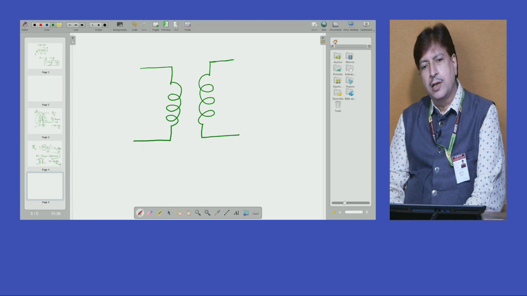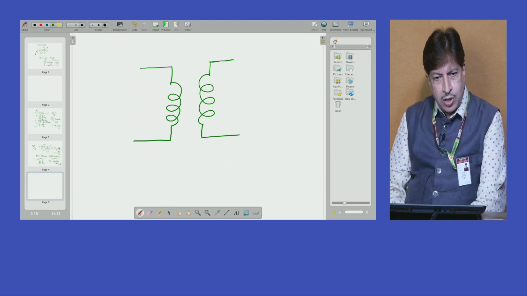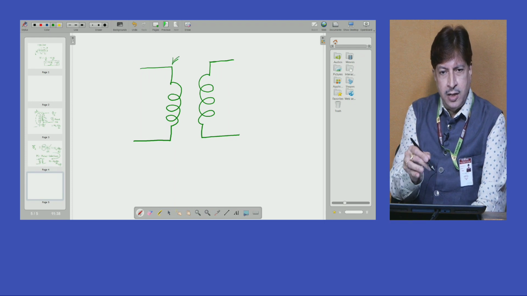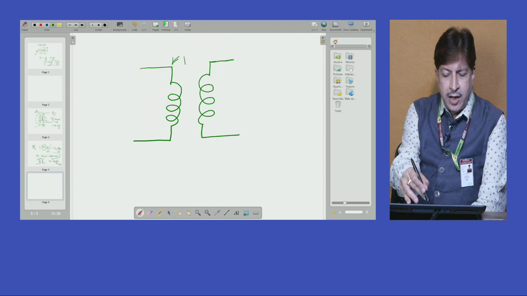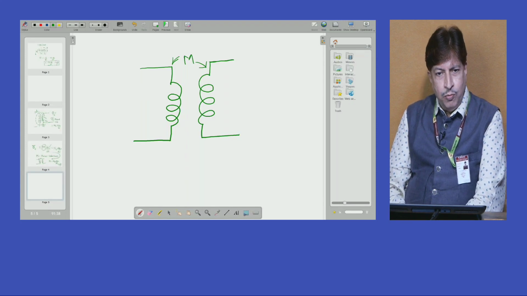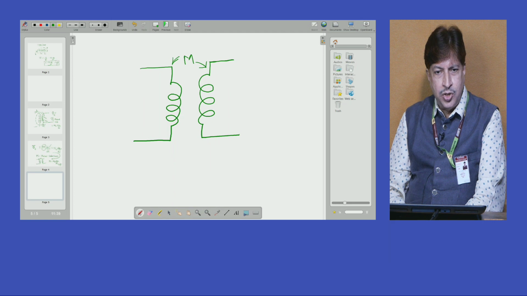How can I say this is a magnetic coupled circuit? They are not electrically connected, that is one thing. Second, I am representing M between the two coils, which implies that there is mutual inductance between the two coils, with which the other coil gets mutual EMF whenever current in the other coil changes.